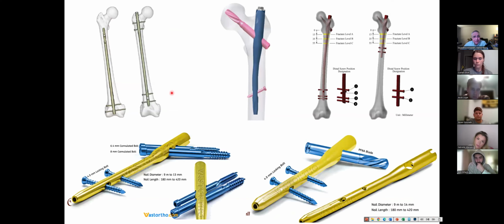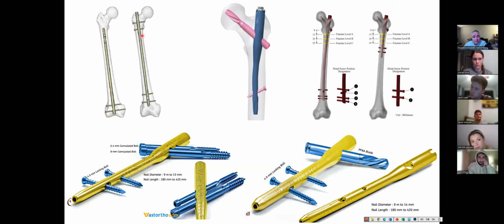These are different types of the nail, not all of them, but you can see how different they are. This is a classic long nail that passes through the intramedullary canal from proximal to distal. We call it antegrade because it goes from proximal to distal.